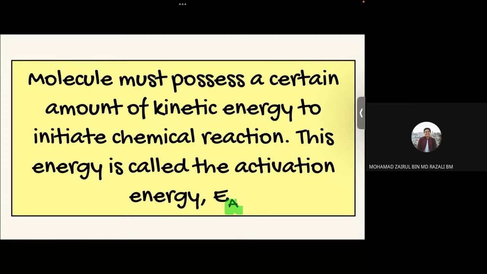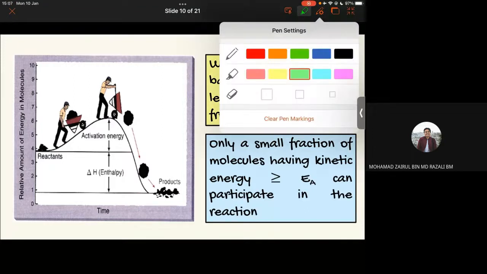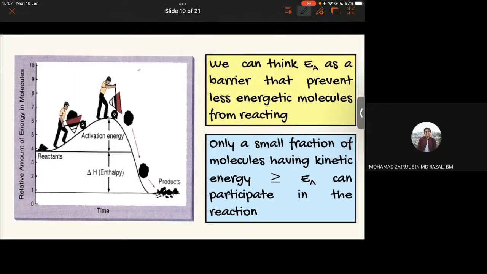Sebab contohnya kalau dalam satu beaker ada reaction, let's say temperature reaction ini adalah 30 degree Celsius. So we need to remember that dalam satu beaker tu ada thousands of particles. Tapi even though reaction tu dekat temperature yang sama, kinetic energy for each particle tu does not necessarily the same.